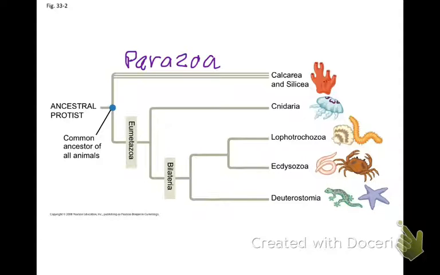And the first basis for classifying the eumetazoa is based on body symmetry. So you can see here this branch containing the cnidarians. The cnidarians are radially symmetric, while all the remaining organisms are bilaterally symmetric.